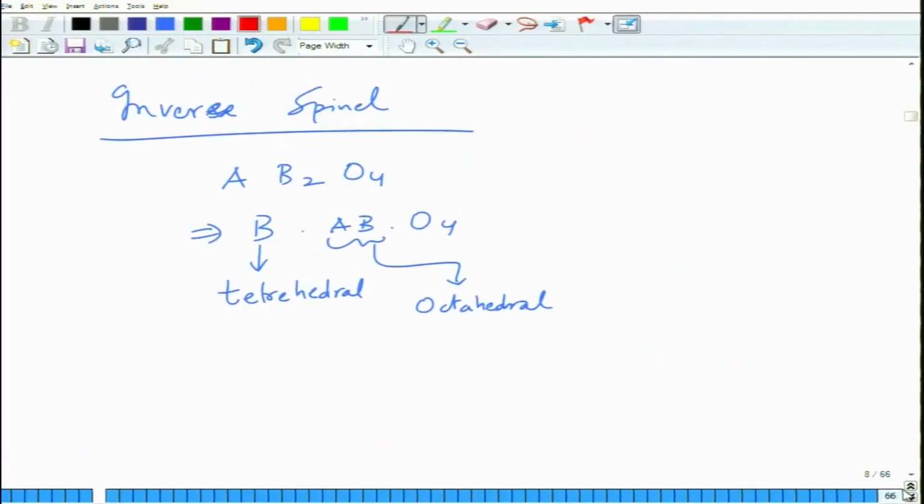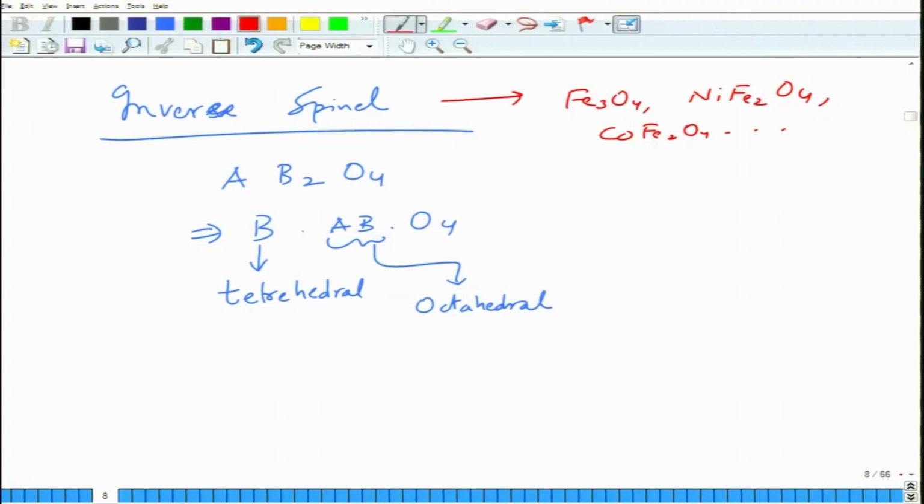And examples of inverse spinels are Fe3O4, NiFe2O4, CoFe2O4. So, most of the ferrites make this kind of structure, inverse spinel.